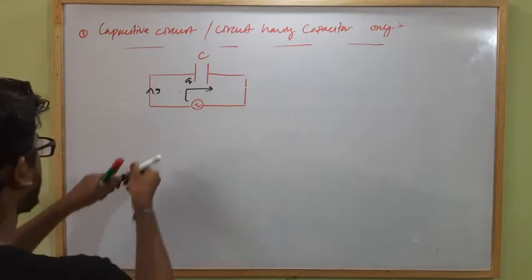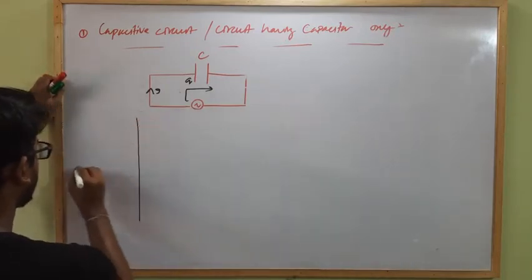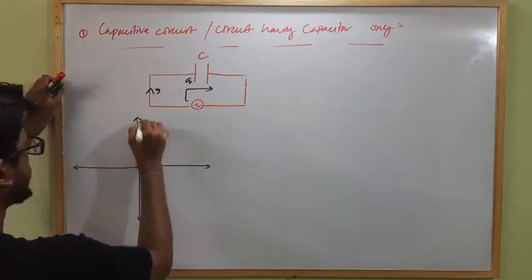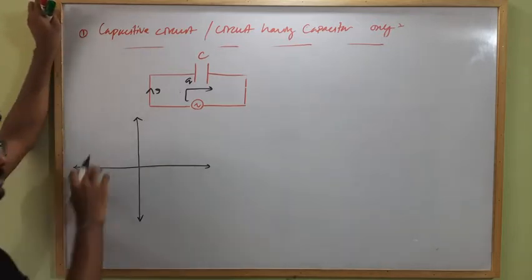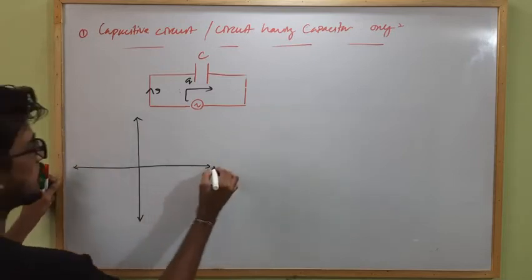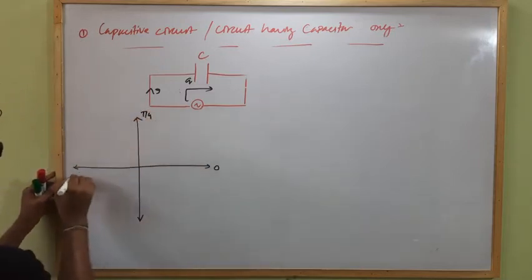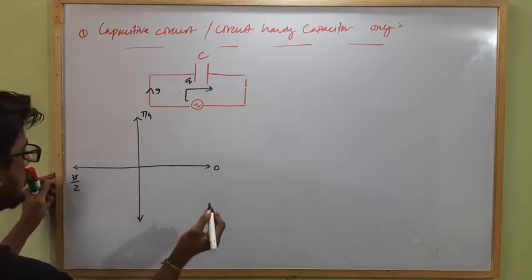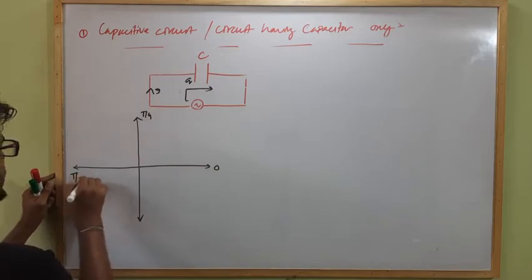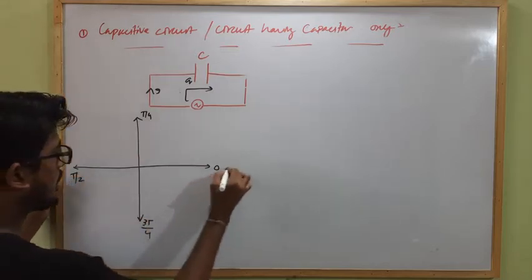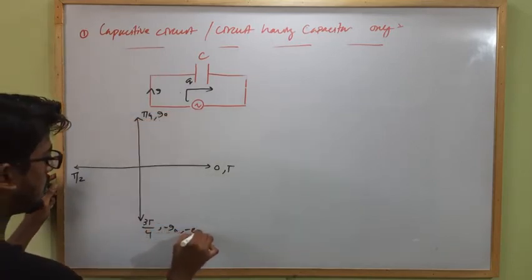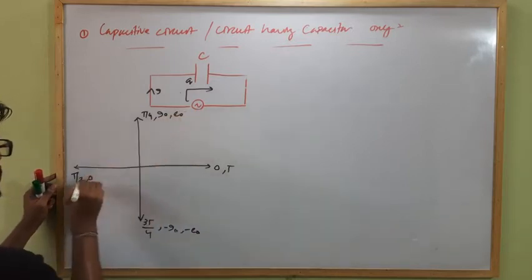So if I am plotting the phasor diagram, I am not drawing the phasor diagram in detail, I am just showing you the situation. So this you already know, this is 0, T by 4, T by 2, 3T by 4, again it is T, and this is the value of plus I naught, minus I naught or minus E naught, this is plus I naught or E naught, this is 0.